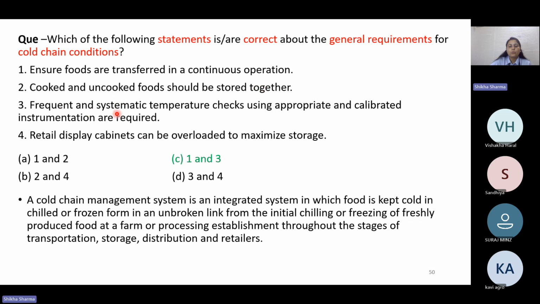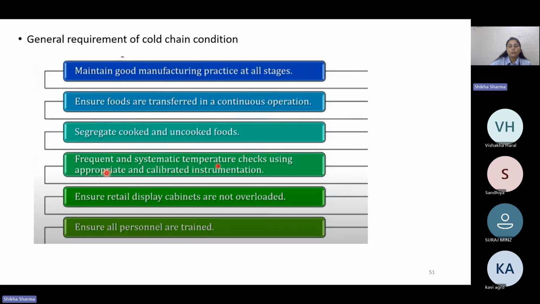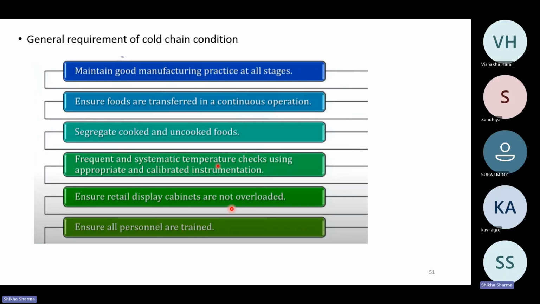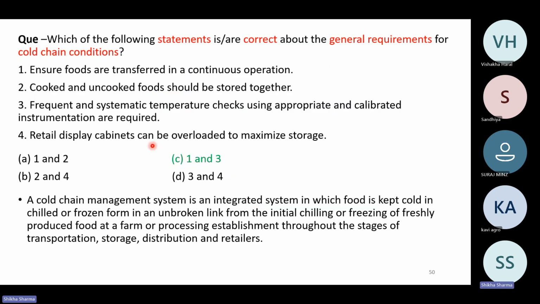Then frequent and systematic temperature checks using appropriate and calibrated instruments are required, which is correct. And retail display cabinets can be overloaded to maximum storage. No, this is wrong, it should not be overloaded. So C is correct, 1 and 3 are correct, 2 and 4 are incorrect options.